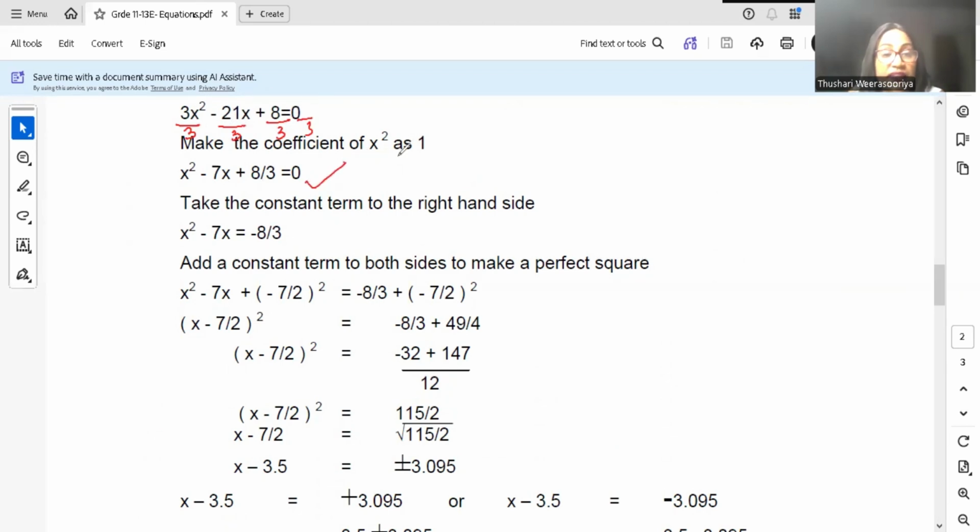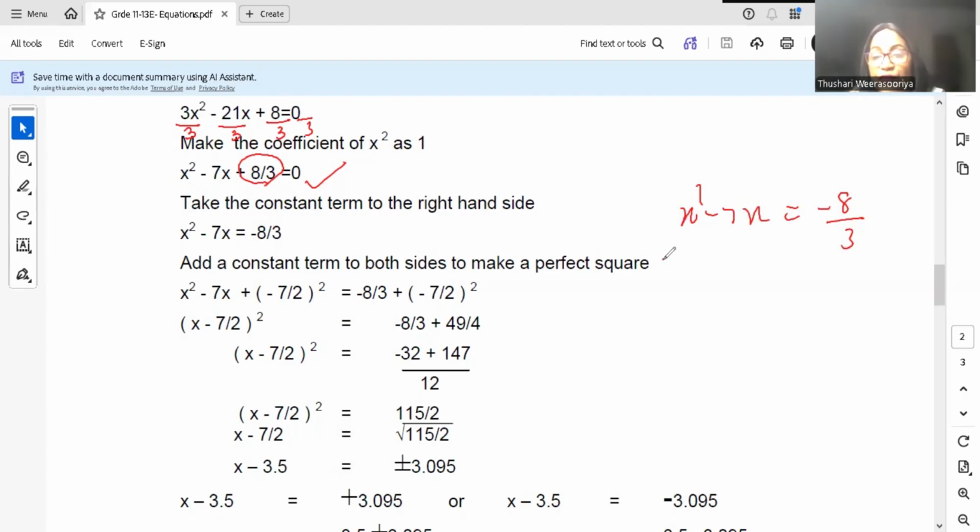Now we make the x squared coefficient 1. That's the first step. The next step, you take the constant term to the other side. That is x squared minus 7x equals minus 8 over 3. Right? Now you have to make this a perfect square.